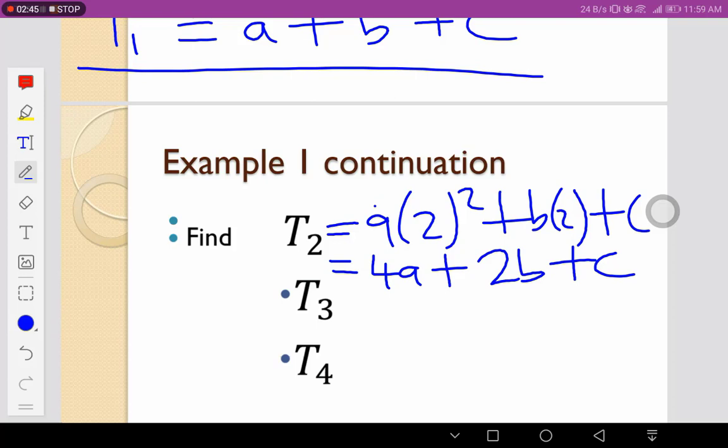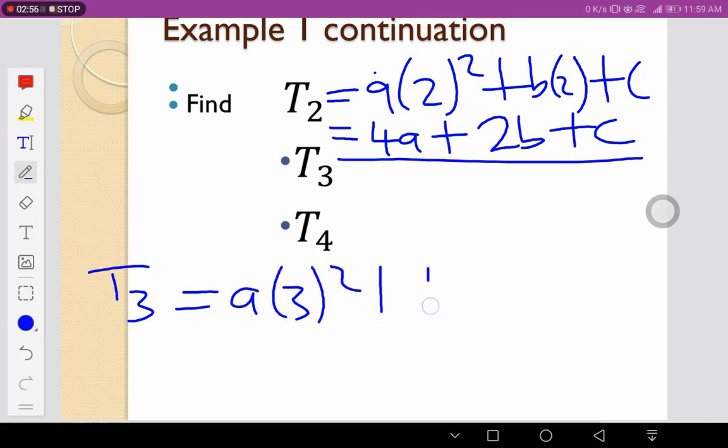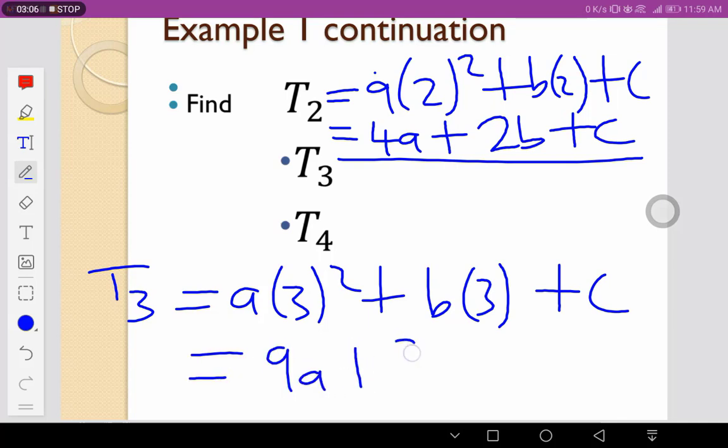Let's do t3. T3 becomes a times 3 squared plus b times 3 plus c. If we simplify this, we get 9a plus 3b plus c. This is term number 3.